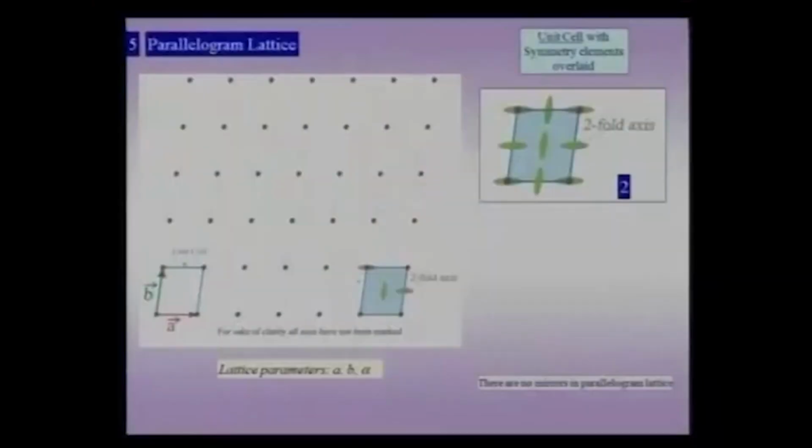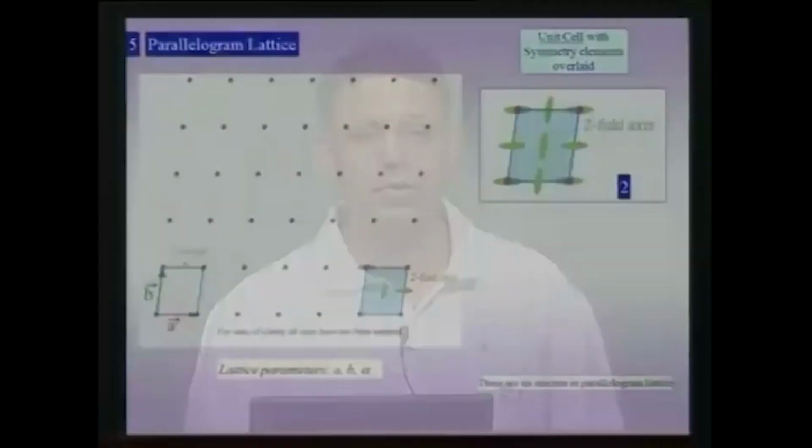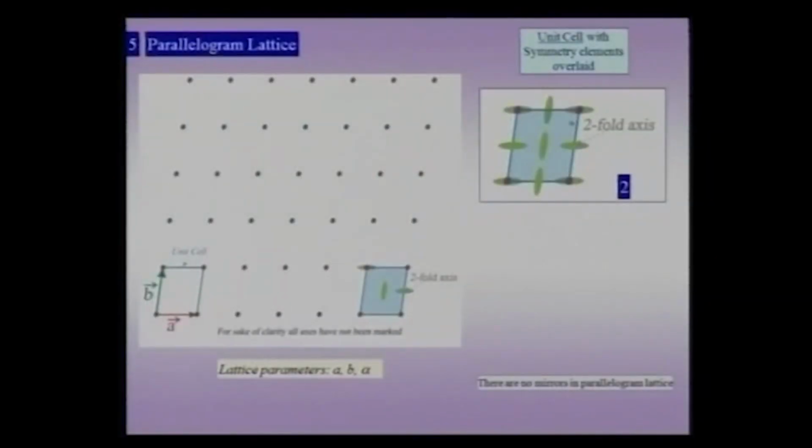The unit cell is a general parallelogram. In other words, a parallelogram means the opposite sides are parallel, but it is not a rhombus lattice as in the case of the previous example we considered, which was the 120-degree rhombus lattice. This kind of a lattice has only two-fold symmetries, and the two-fold symmetries have been overlaid on the unit cell as shown in the figure on the right hand side.